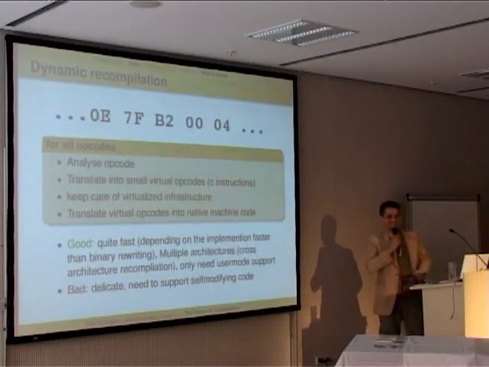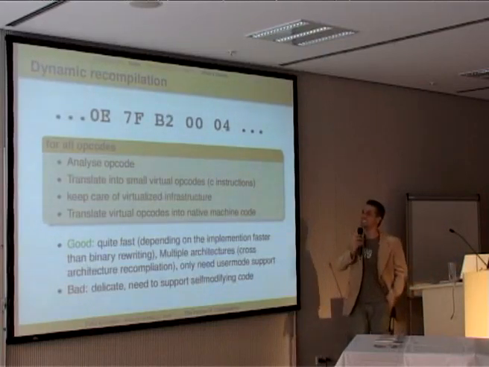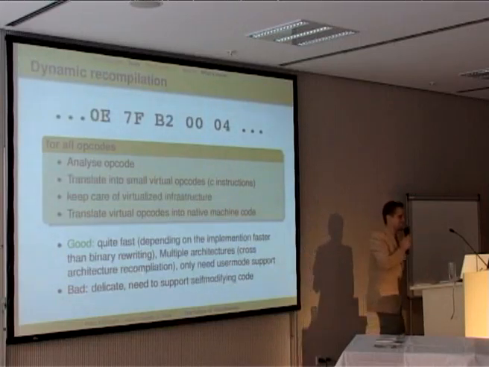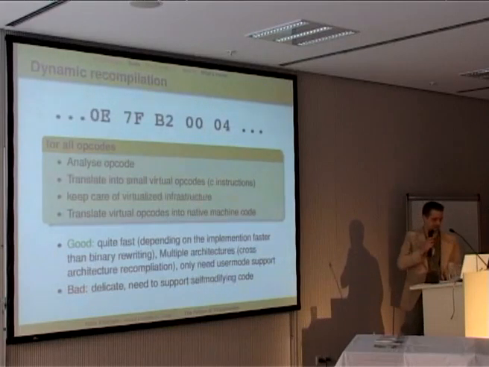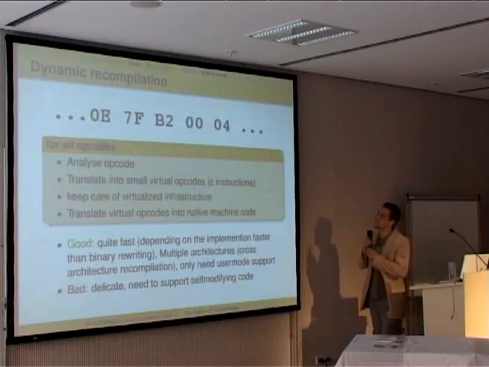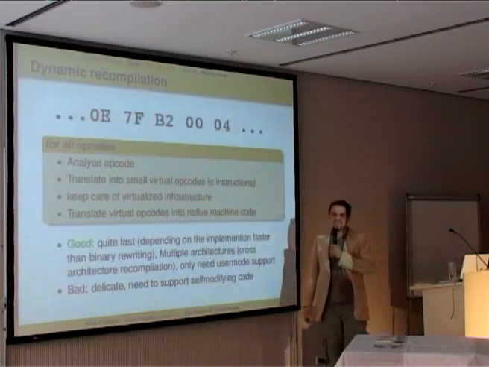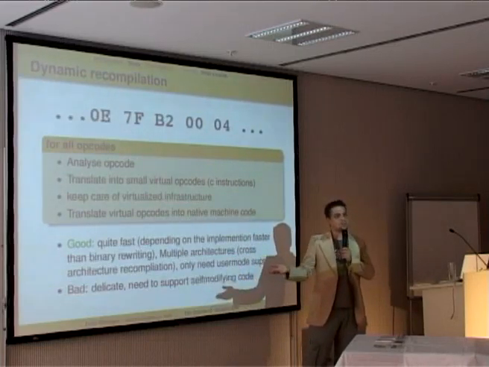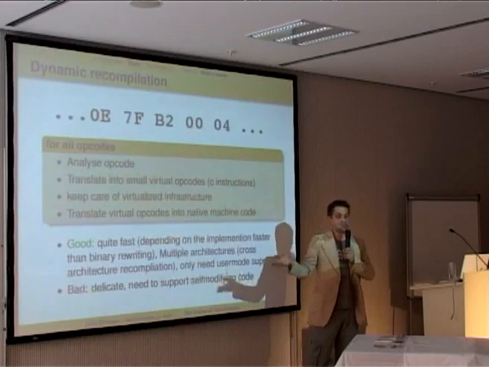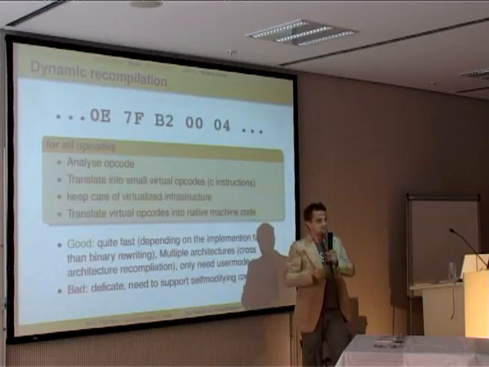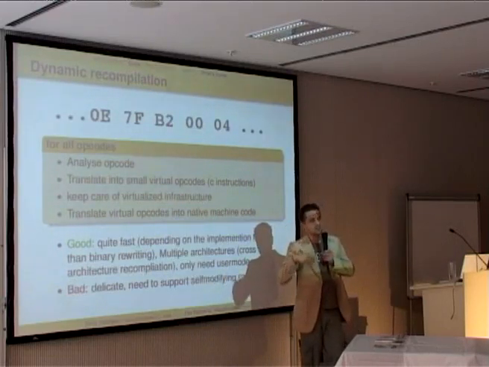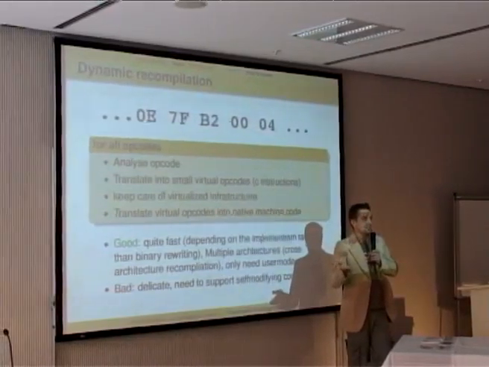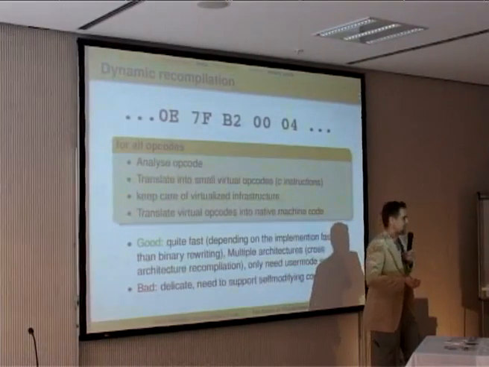Dynamic recompilation. Like binary rewriting, but a little bit more tricky. Dynamic recompilation is where you parse one opcode, and you behave again like the processor, but this time you don't rewrite it, because it could be a different architecture.